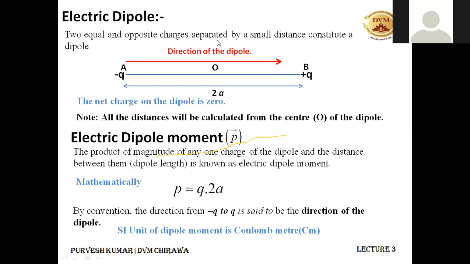So 2 points are there. One is the axial point that is lying on the axis of the dipole, and the other is the equatorial point that is lying on the perpendicular bisector of the dipole. Please make a note that we will be finding the electric field first on the axial point of the dipole and second on the equatorial point of the dipole.